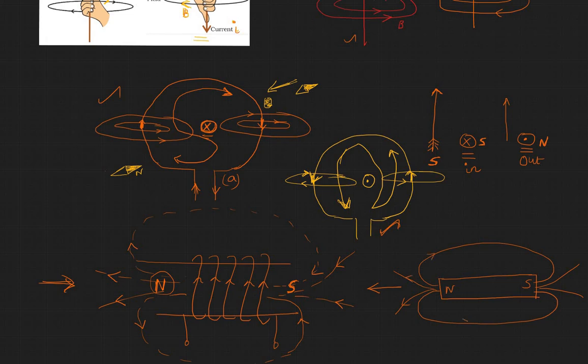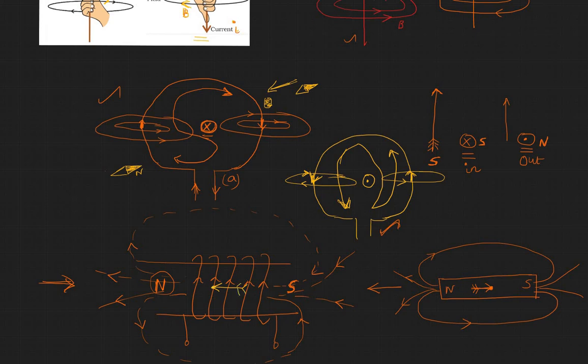Except that if you keep a magnetic compass in the center of the bar magnet, the needle would point towards the south, whereas in the center of a solenoid it would be slightly different. It would continue to point in this way.